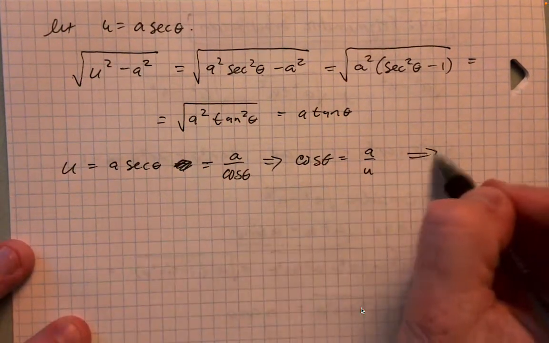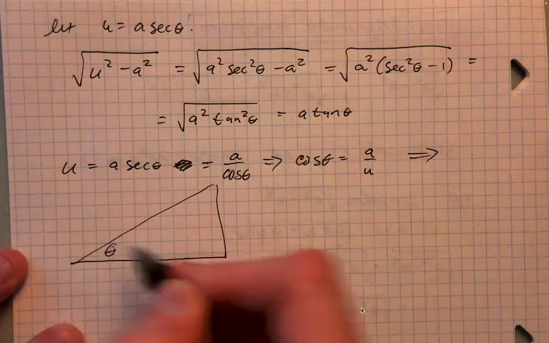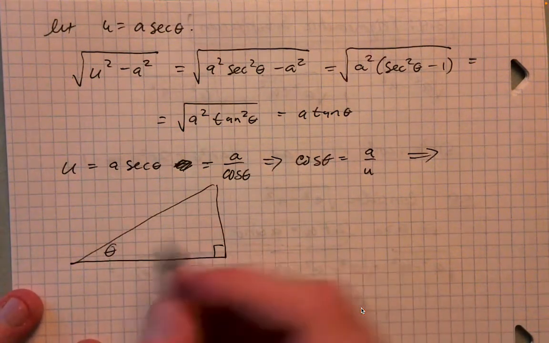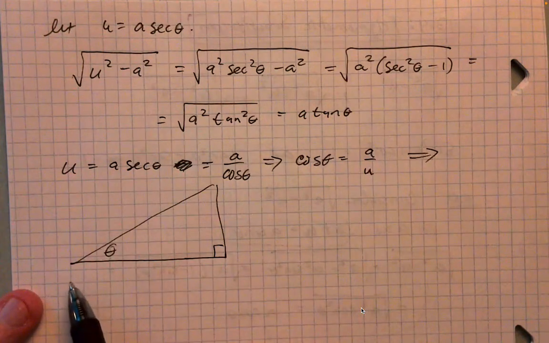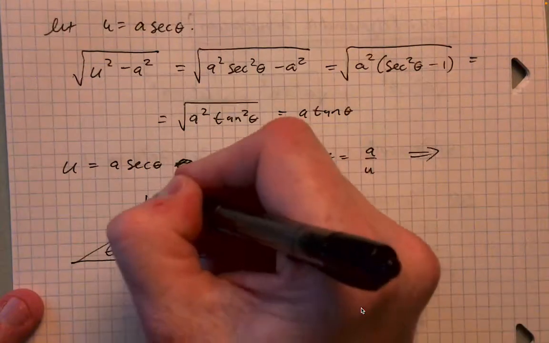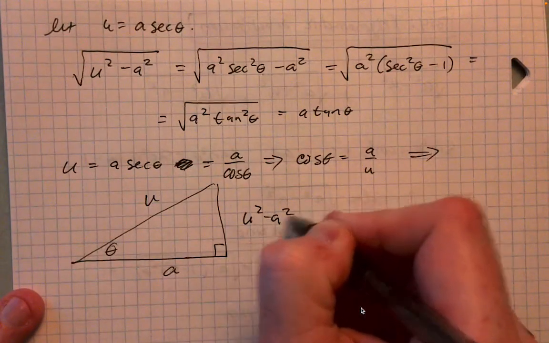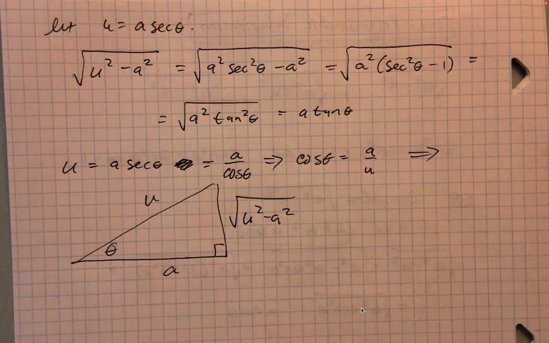So the triangle that's implied here is this. There's your theta and your right angle. If the cosine of theta is a over u, then you're going to have your a here and your u there. And so that means you've got u squared minus a squared over here. All right, and that is kind of the setup.